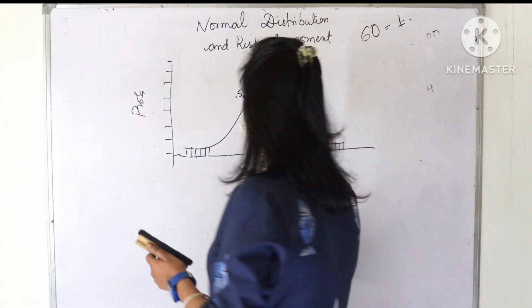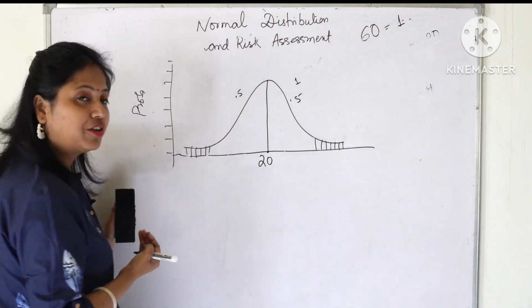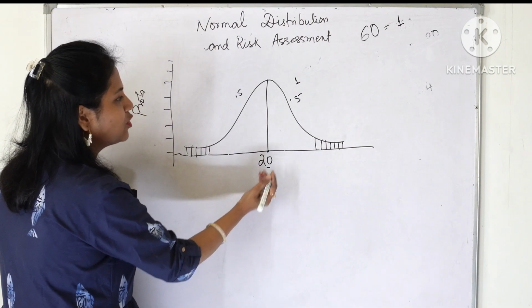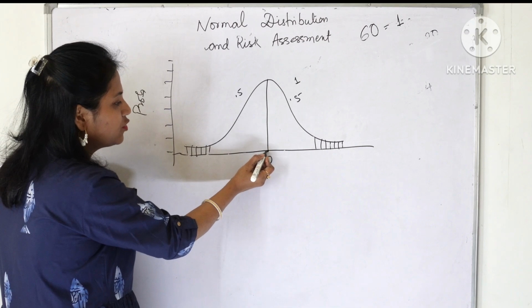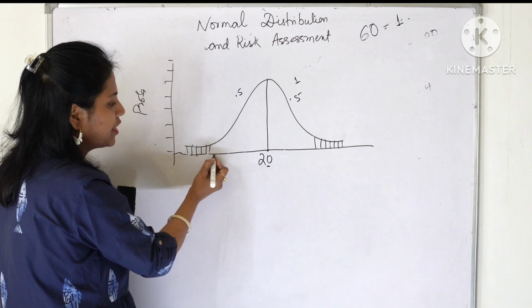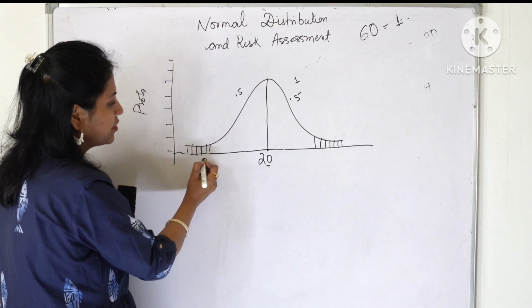Now suppose I am saying it is 20 and I want to know the chance that I will earn 0. Means 20 is here in the center, and when I say 0, 0 will come on the left side, right? Because 20 is here, 0 will be very far. I have reached 10 here, 5 here, 1 here, somewhere here. Means 0 will be here, right?